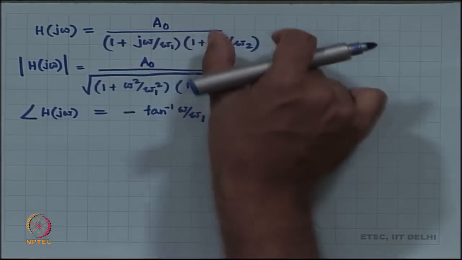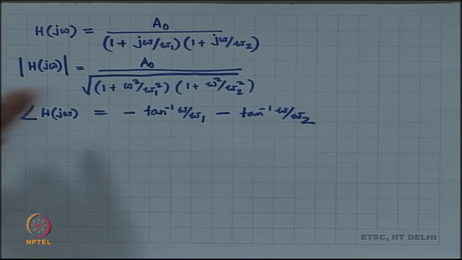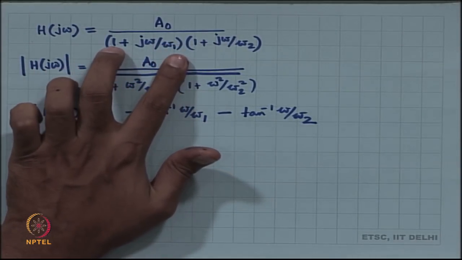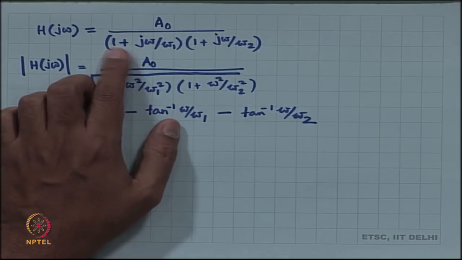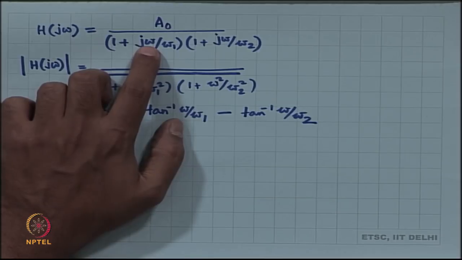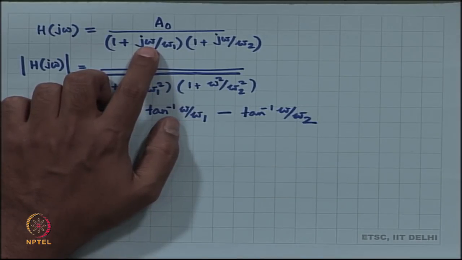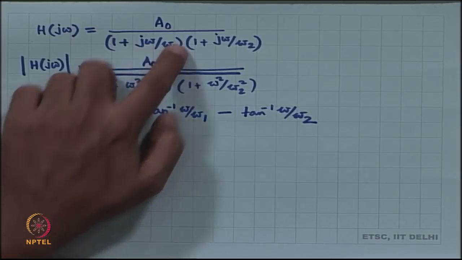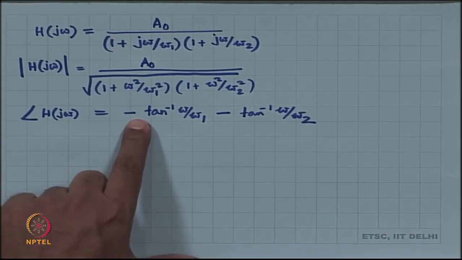Okay. Each of these contributes a phase, right. The phase of the first one: real part is 1, imaginary part is omega by omega 1. Therefore, the phase of this is tan inverse of omega by omega 1 divided by 1, alright, but this is in the denominator. So, a minus sign comes.